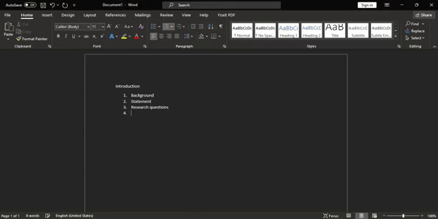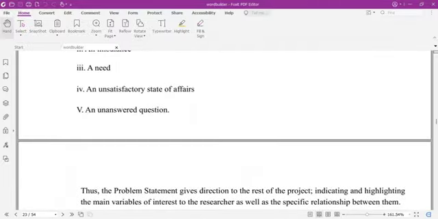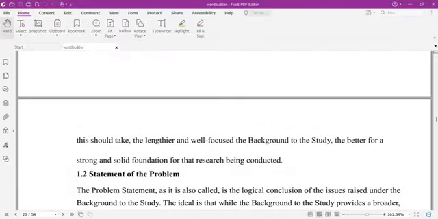Before we move on, objectives, significance. I'm just trying to cast our minds back so that we'll remember and be able to follow up.